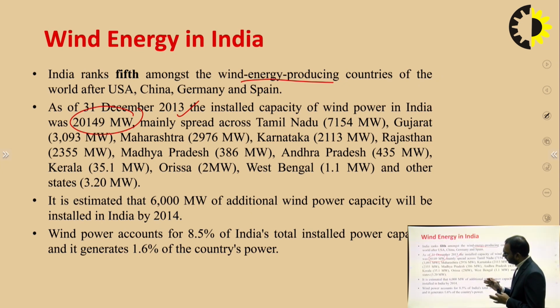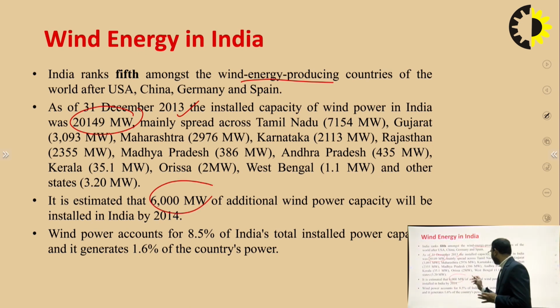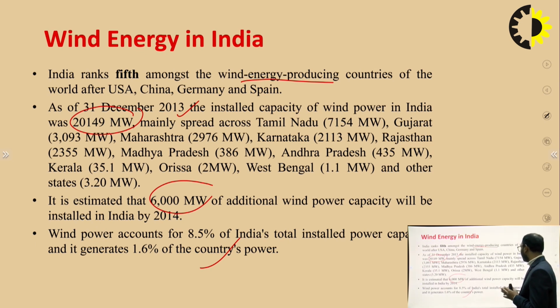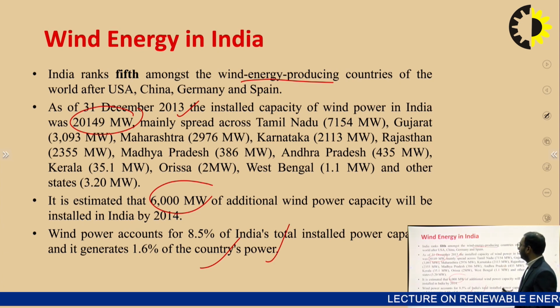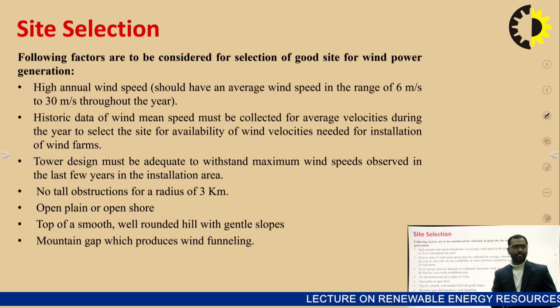The major wind energy producing state is Tamil Nadu, and after that it is Gujarat. It is estimated that 6,000 megawatt of additional wind power capacity will be installed in India by 2014, and wind power accounts for 8.5% of India's total installed power capacity, and it generates 1.6% of the country's power. So these are some developments of wind energy in India.